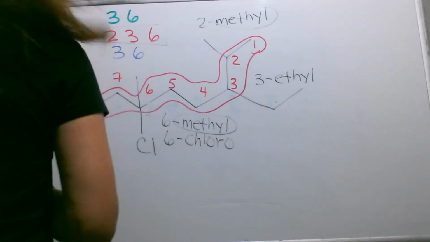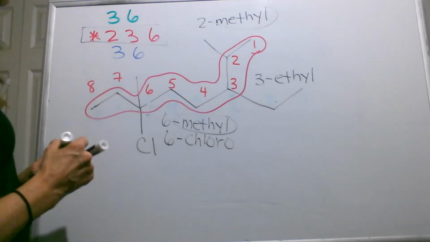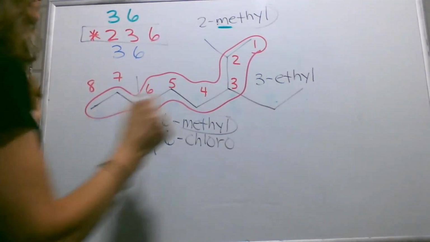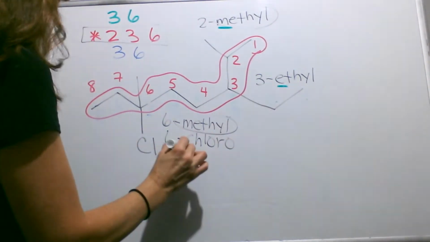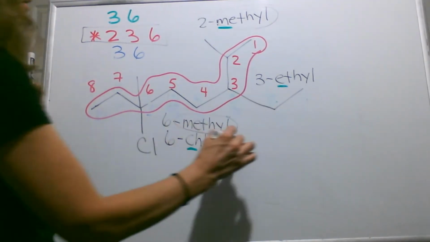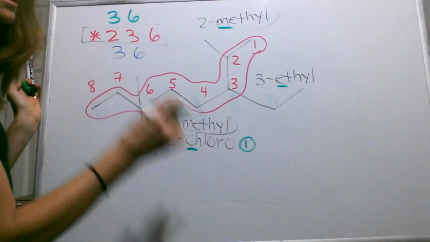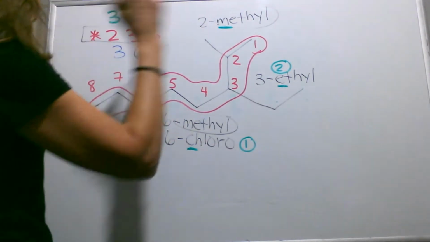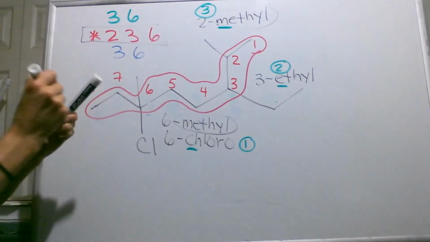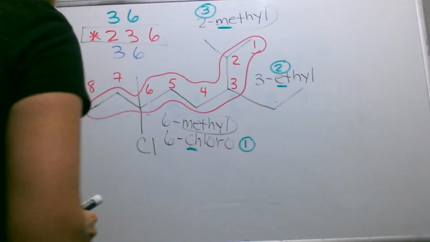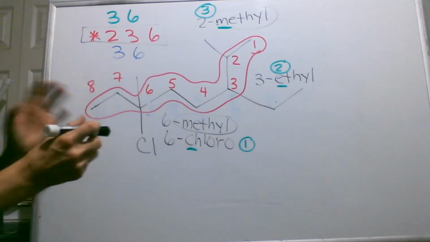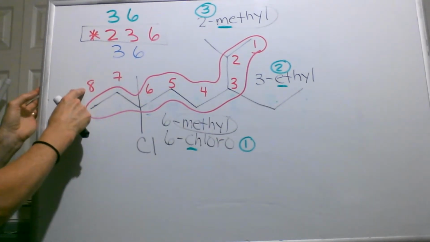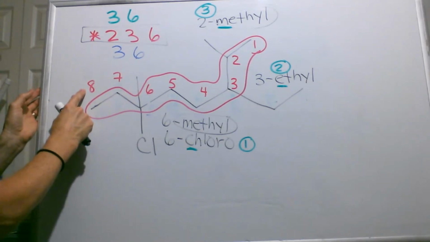And remember that the prefix di doesn't count in the alphabetizing. So we've got alphabetizing with the M for the methyl, the E for the ethyl, and the C for the chloro. So the chloro will be first as we assemble the name. The ethyl will be second, and the dimethyl, those 2 methyl groups that we sort of lump together as a dimethyl, will be the third substituent, and then that runs into the parent chain, 8 carbons, which will be octane.